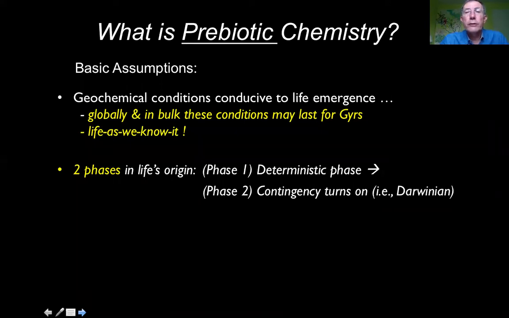In particular, it is useful to think of life's origins as two phases, which are not necessarily separated from each other, but have a different nature. The first phase I call the deterministic phase, and it is really the actual chemical synthesis of the molecules which we call building blocks.